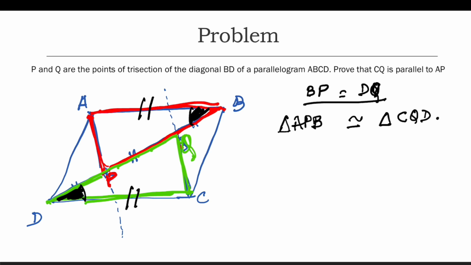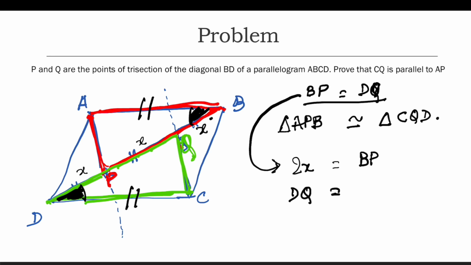Now, is BP equal to DQ? Yes, BP is equal to DQ, because let's say DQ is X, PQ is X, and QB is X. It is trisecting, right? So what would be BP? BP will be X plus X, 2X. And what would be DQ? DQ again would be X plus X, 2X.